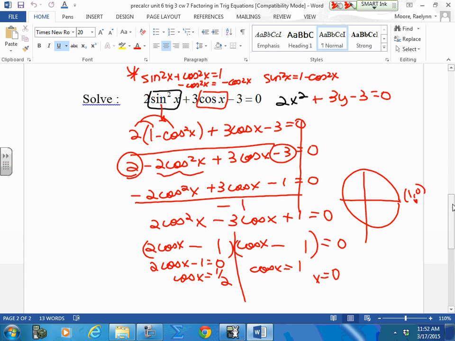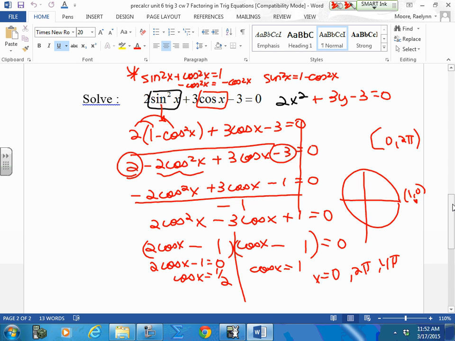If I needed to come back, I could be at 2 pi if you want to go to 2 pi and include that. Or 4 pi if we're going to 4 pi. But it depends which way they write it. If they give you both parentheses, then you got to give me a 2 pi as well. Or if we're going to go to 4 pi, give me a 4 pi.